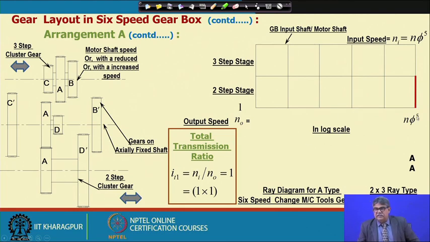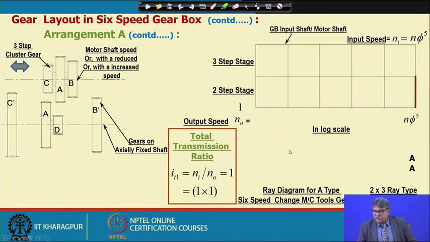As you see in the ray diagram, what we have done is we have connected from this point to this point, because we are looking for a 1, and the gear is connected in this way. Okay. So, again I will show this.